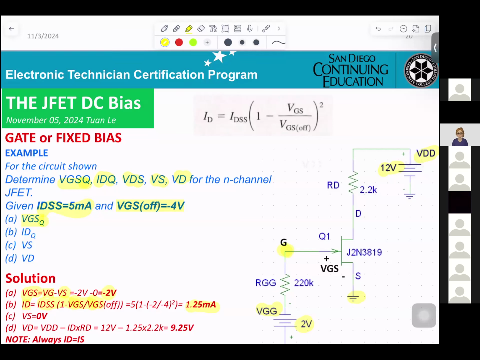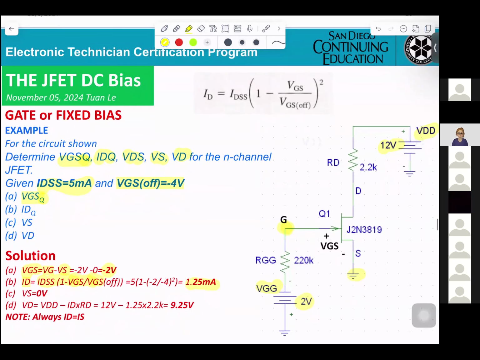Now, you do the calculation for me, number B, to make sure we get 1.25 milliamp. IDSS times 1 minus VGS over VGS off, squared.